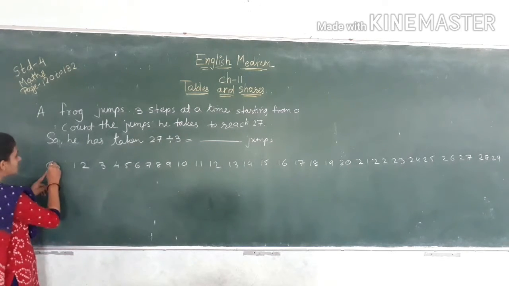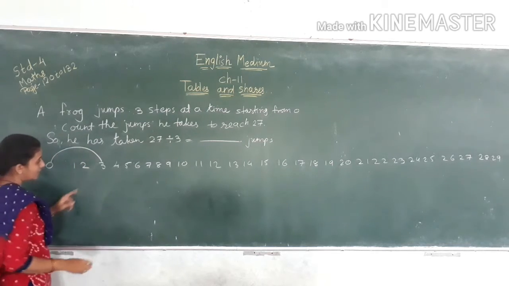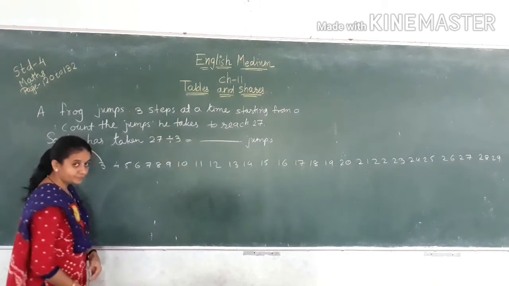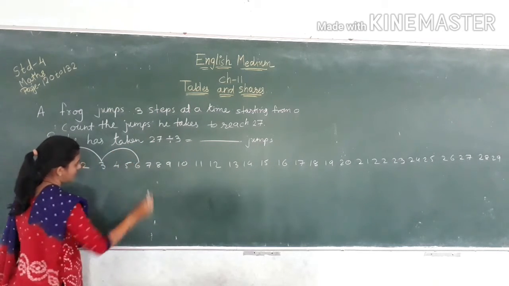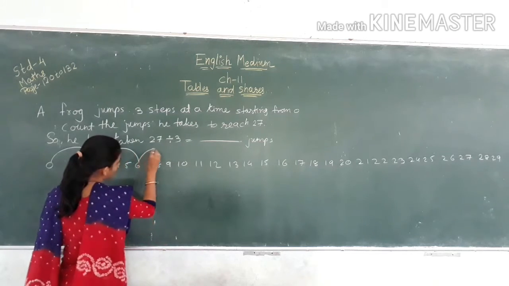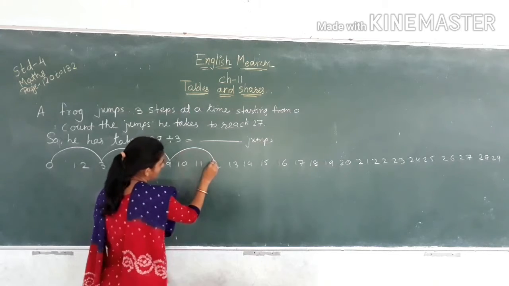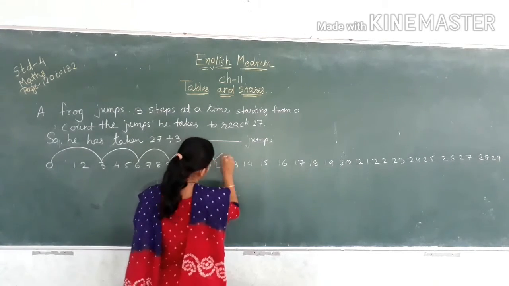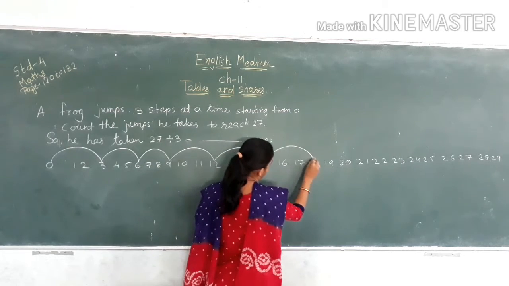So, start from 0 to 3, 1 jump. Then 1, 2, 3. Again 1, 2, 3. 6 to 9, 1, 2, 3. Again 1, 2, 3. 15, 1, 2, 3.